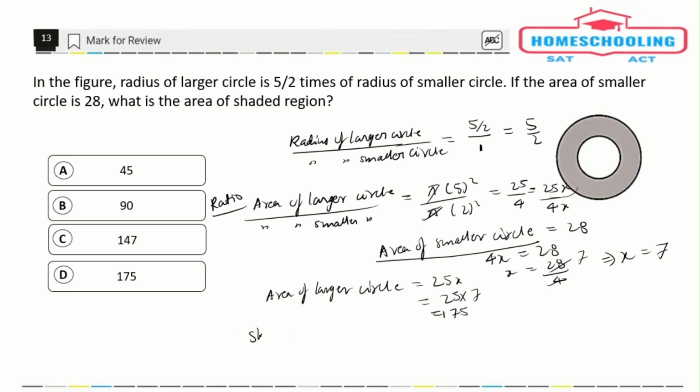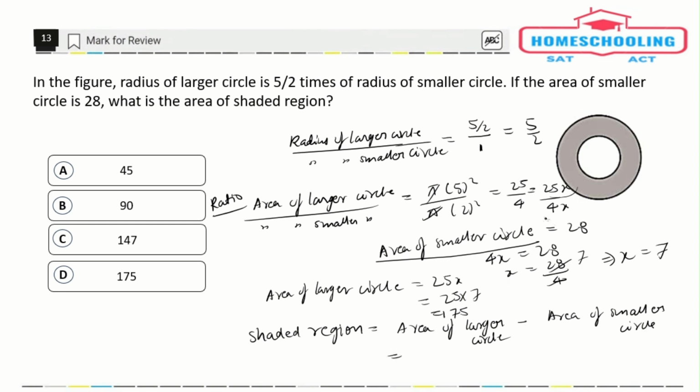So the shaded region is equal to the area of the larger circle minus the area of the smaller circle.